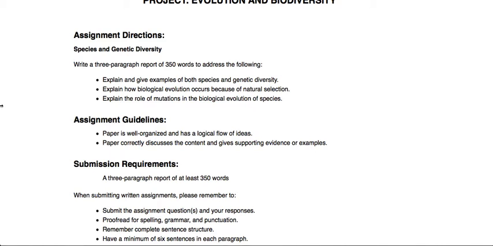So explain how evolution occurs because of natural selection. That should be a pretty substantial paragraph, because both of those concepts are really big unifying principles, not just in biology but in the field of environmental ecology as well. So explaining how those two interact with each other and how the larger scale evolution occurs as a result of that is really what I'm looking for there.